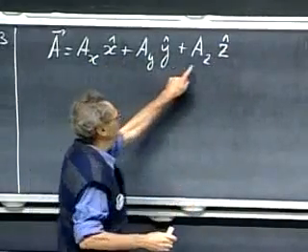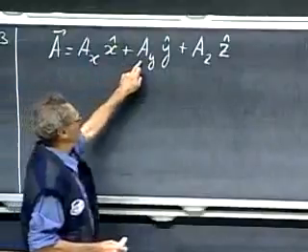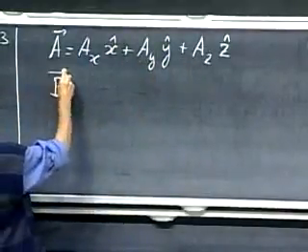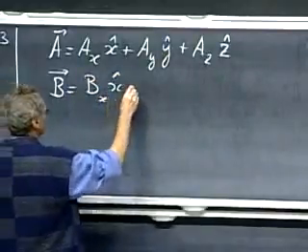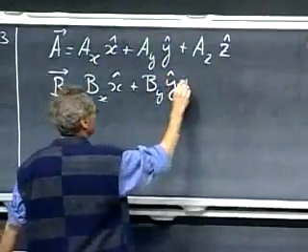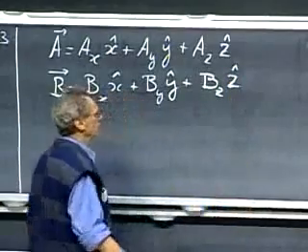So these are the 3 unit vectors in the x, y, and z direction, and these are the x component, y component, and the z component of the vector A. I have another vector B, Bx x roof, By y roof, Bz z roof.